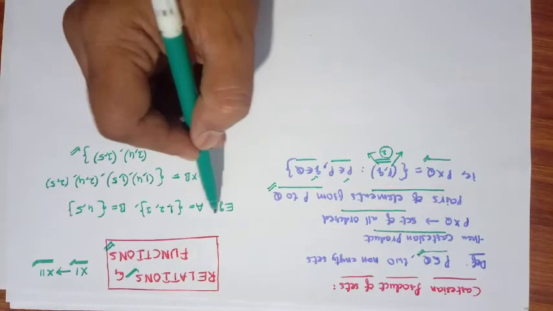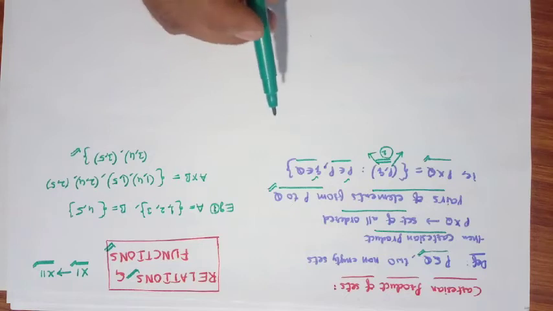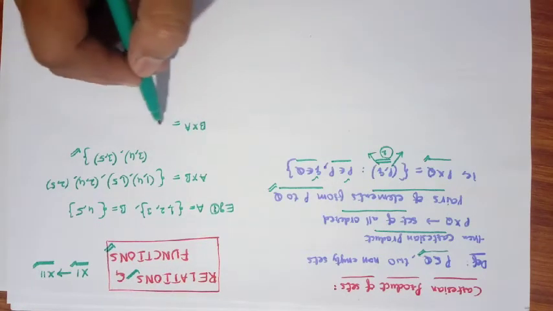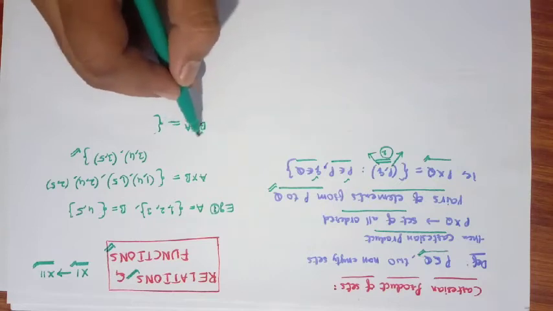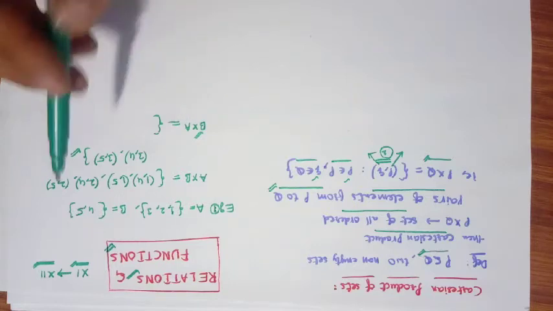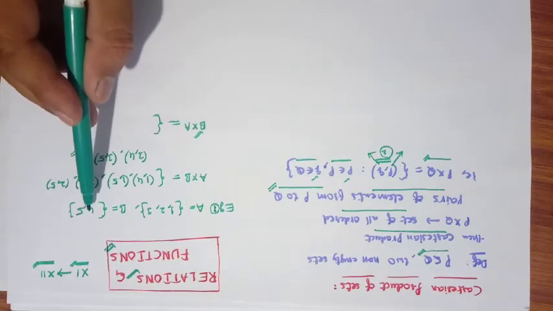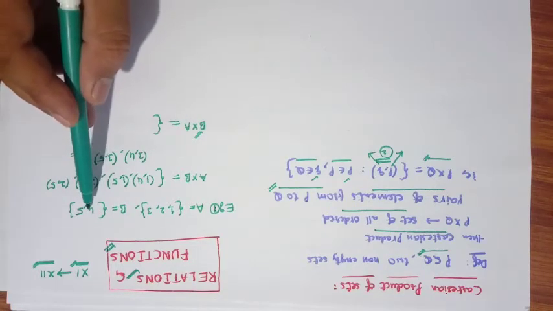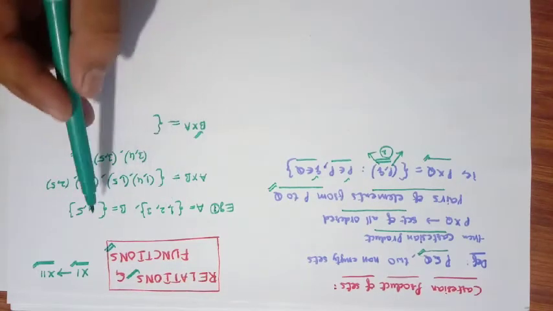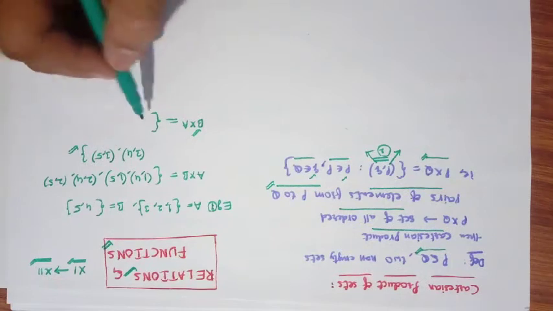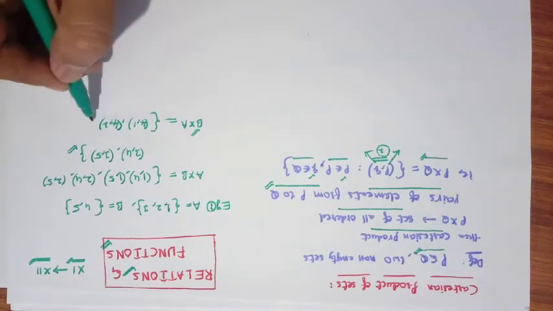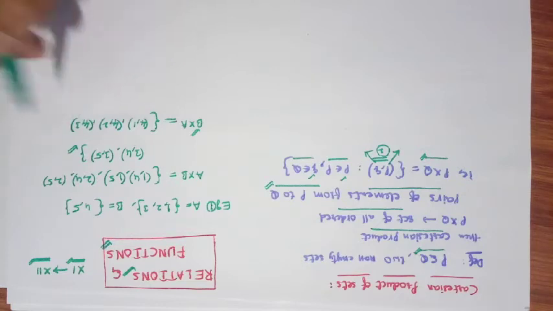Now for the same question, if B cross A is taken, the first element should come from set B. Consider first from B: 4 should be taken with all the elements of A. (4, 1), (4, 2), (4, 3).